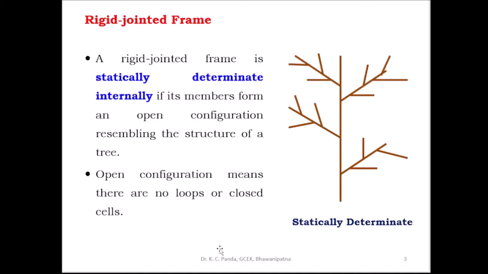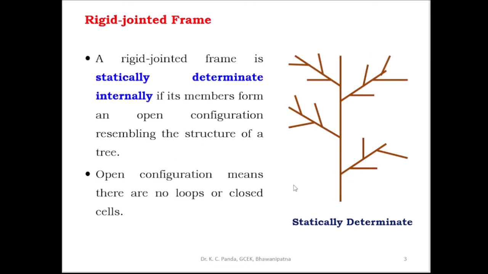First, coming to the rigid jointed frame, how will we know whether it is statically determinate or indeterminate internally? A rigid jointed frame is statically determinate internally if its members form an open configuration resembling the structure of a tree.